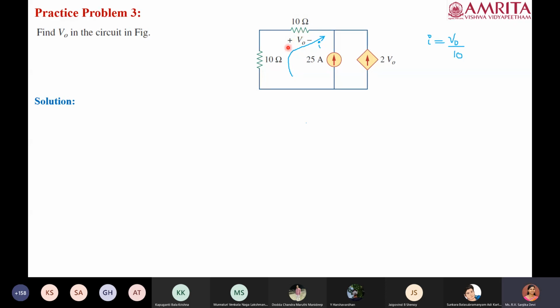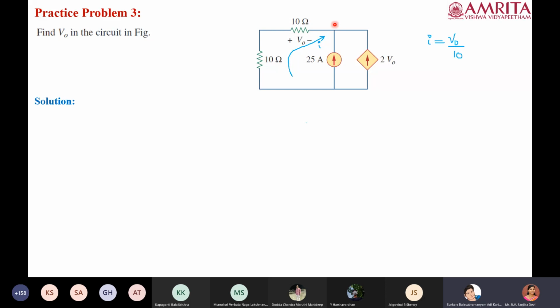Here it is V0. For the other resistor, depending on the value of resistance, you have another voltage. So for elements in series, the voltage across each element will vary unless the resistance is the same. If the resistance is the same, we will have the same voltage. But if you have a 5 ohm and a 10 ohm, the same current flows through, so the voltages will be different.